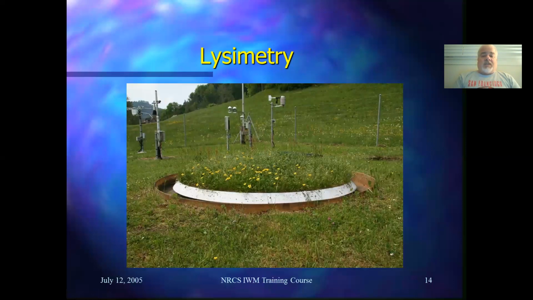So here's another lysimeter, and you notice right next to the lysimeter there's a weather station with an anemometer, or actually a weather vane and anemometer, for wind direction and wind speed. This is probably measuring temperature in here, and maybe humidity. Solar radiation is, I'm sure, on here somewhere. And then this whole thing is the lysimeter.